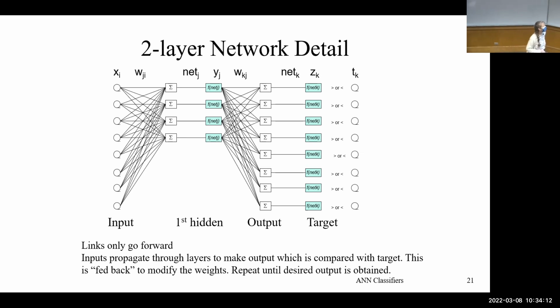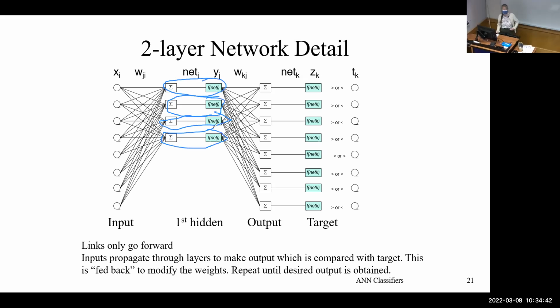Then with our 4 hidden nodes, do we want 4 summations? Each hidden node has one summation. So just do that. This is one hidden node. This is one hidden node. This is one hidden node. This is one hidden node. Oh, okay.